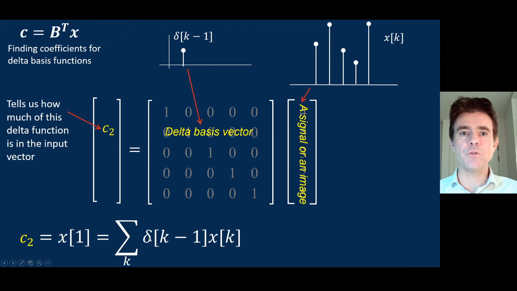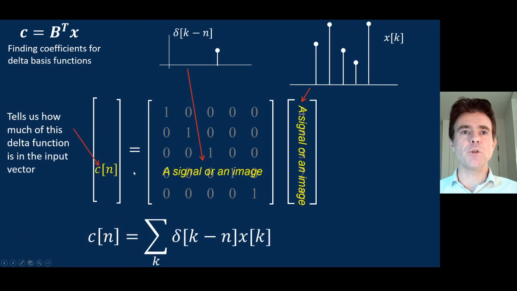So we've got the delta function shifted to that particular position, because that's the basis function that we're trying to find the coefficient for. When you've got the basis function, you then multiply it point by point by the signal x, and then you sum up the result, and that will give you the second coefficient, which again, for the trivial choice of the delta basis, is just going to be x1 in this instance.